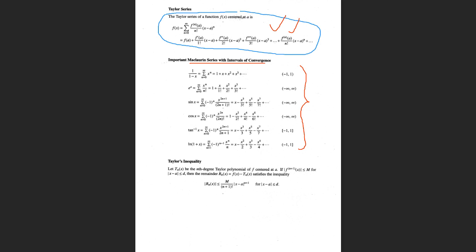To use the Taylor series formula here at the top, we have to find derivatives of our function, the cube root of x. And how many terms are we going to go out? Well, we want a second degree Taylor polynomial.